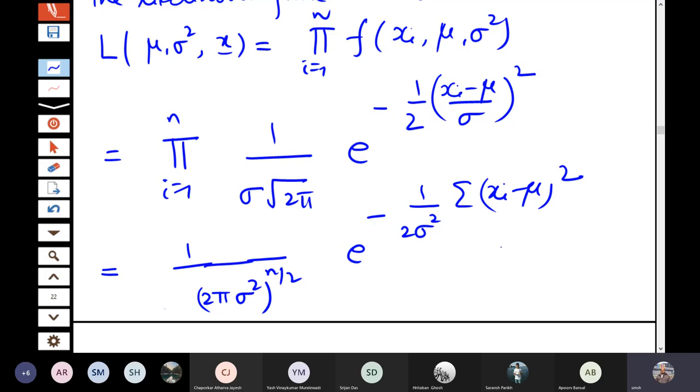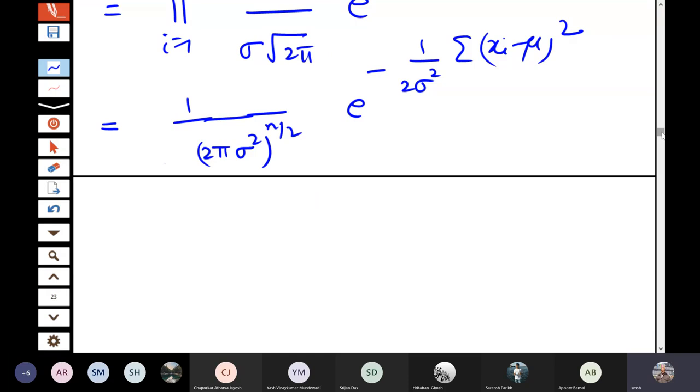So once again, if we look at maximization of this with respect to mu and sigma square, it is a little bit complicated because you have terms in the exponent and then you have terms which are products of that. So let us take the log likelihood here also.